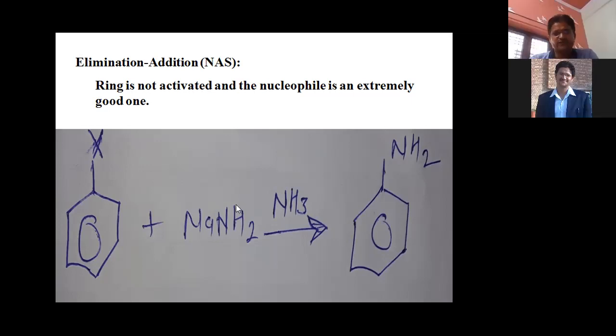Suppose that we have sodium amide, NaNH2, or potassium amide, right? Potassium amide and sodium amide easily give NH2 minus ion, and NH2 minus ion behaves like a good nucleophile, because NaNH2 or KNH2 is a good ionic compound, right?